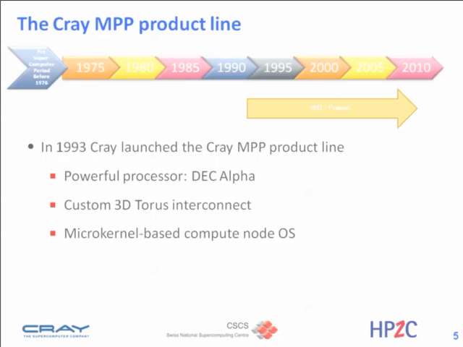So we launched in 1993 the first Cray MPP machine, named the Cray T3D. It was using the most powerful commodity scalar processor available at that time, the DEC Alpha, and it was built with a 3D torus interconnect. And we had a specific microkernel running on the compute nodes.